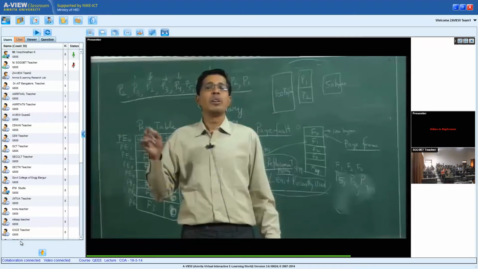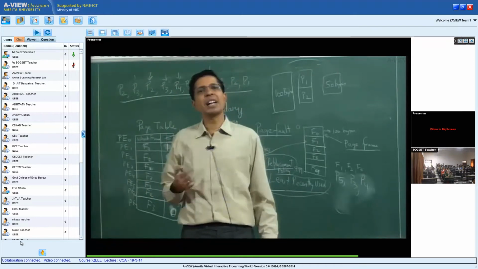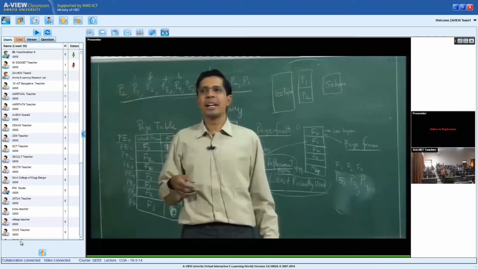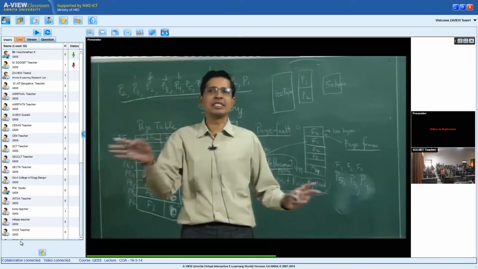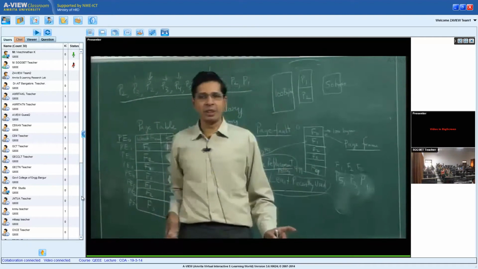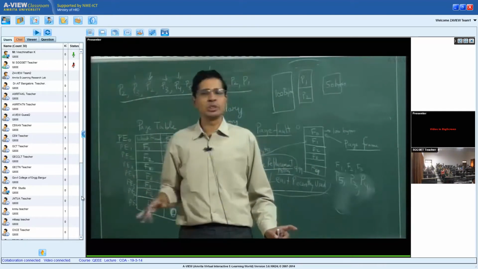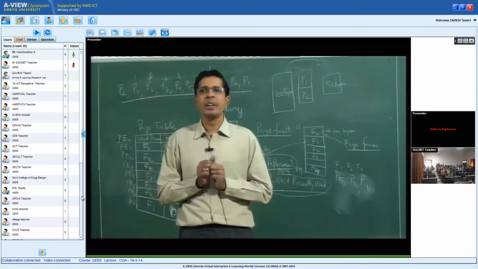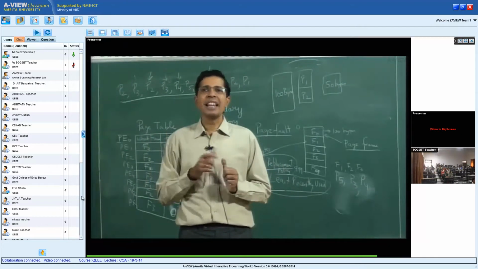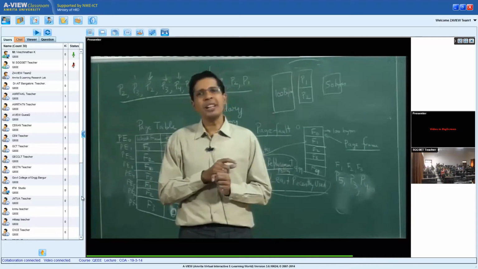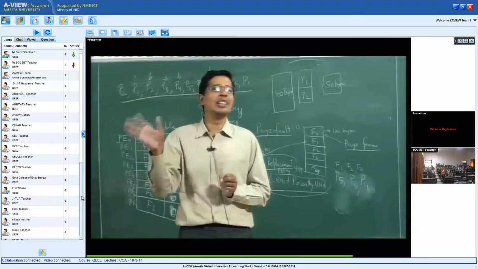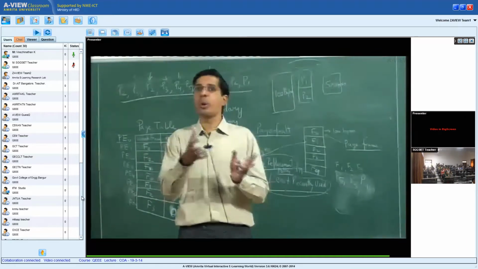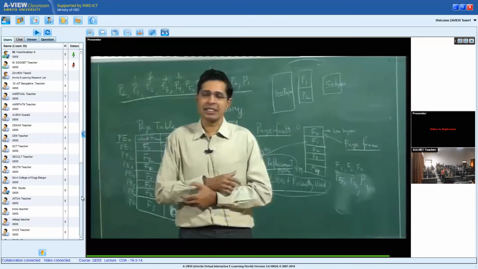But for any given policy, I can always write a program that can kill that policy. Whether it is least recently used, most recently used, or some average recently used, put any adjective you want and make a policy. For every policy, I can always find one example that can kill it. Similarly, for every policy, I can get one example which will work great.